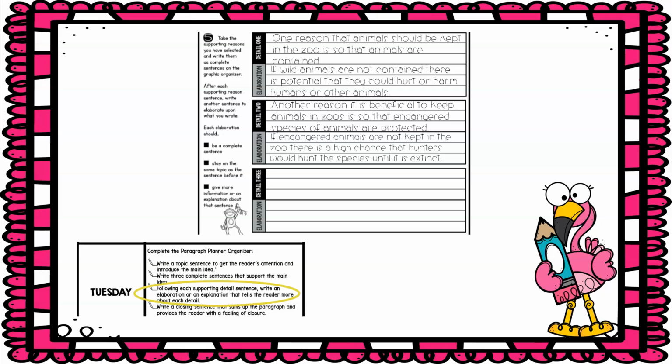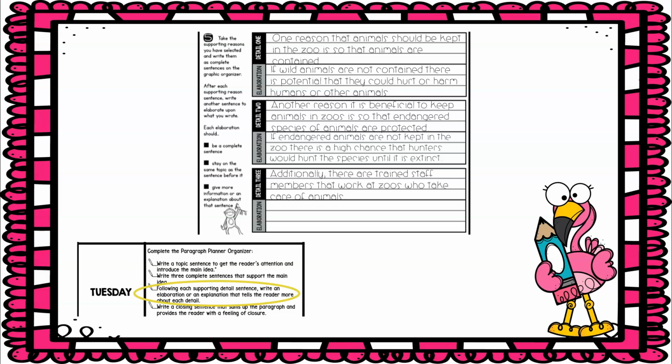Finally, we are ready to look at the last supporting detailed sentence that I wrote and create an explanation sentence. We can see that my last supporting detailed sentence said, additionally, there are trained staff members that work at zoos who take care of animals. Now I need to figure out a way to explain to my reader that trained staff can help keep the animals well taken care of and help humans and animals interact appropriately.